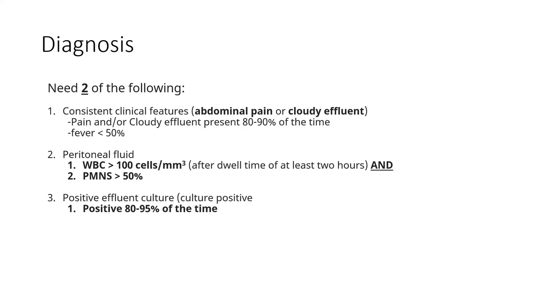You only need 100 white cells, which is different than SBP, and over 50% PMNs. The fluid has to be in there at least 2 hours. If you put the fluid in and pull it out right away, it's probably not going to look very abnormal. So you need to make sure you have a dwell time of at least 2 hours of the fluid you're testing. And then the third criteria is a positive culture, and we get much higher hit rates for culture positivity than in SBP.